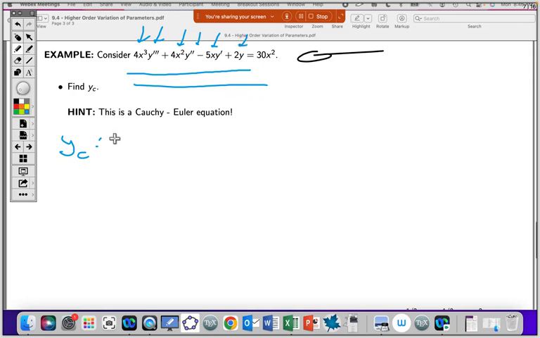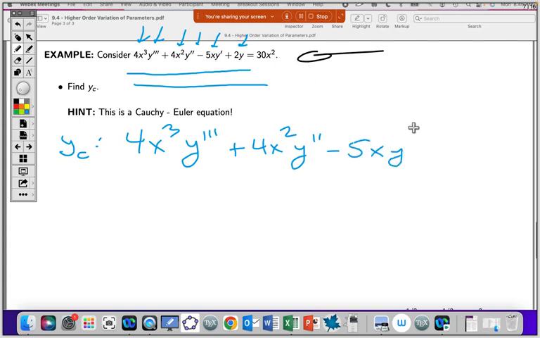Okay, so we go after the complementary function first. That's 4x cubed y triple prime plus 4x squared y double prime minus 5x y prime plus 2y. And since we're going after the complementary solution, we set all this equal to 0.